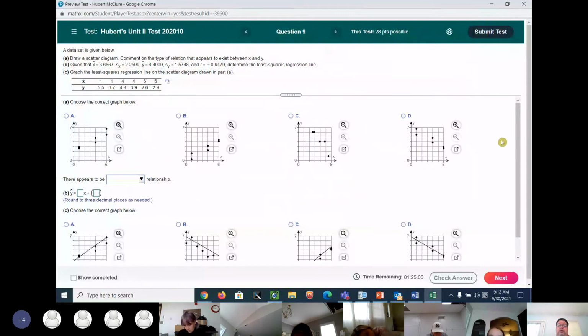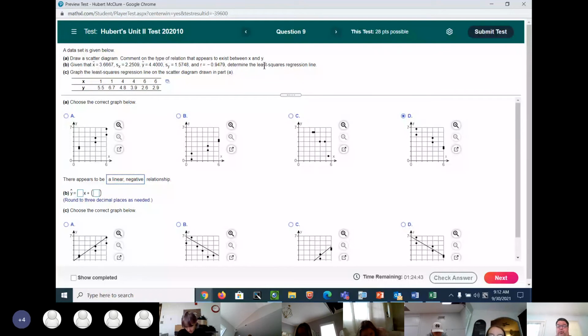So let's see which one that looks like. It's D. Now it says there appears to be a linear negative correlation. And part B, given that, determine the least squares regression line.